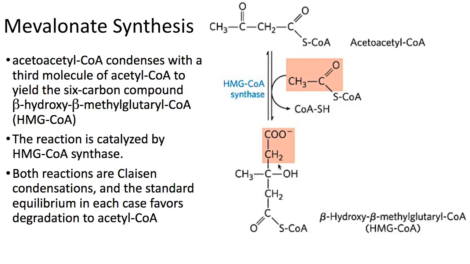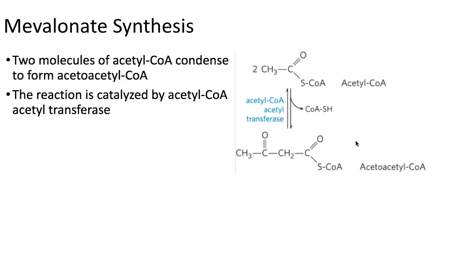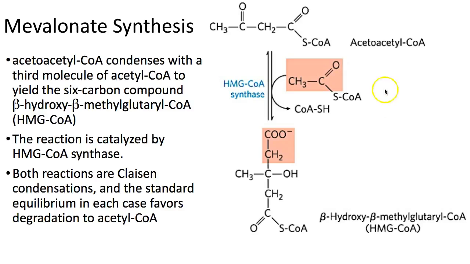In order to continue making this mevalonate, remember when we go back to the previous slide, right here is a 6-carbon molecule, not a 4-carbon molecule. So how do we get to that? Since we have 4 and we just need 2 more, it reacts with another acetyl coenzyme A, and it binds right here, and you'll see that group attachment highlighted.